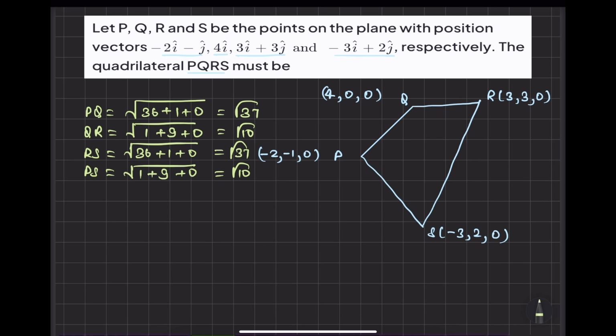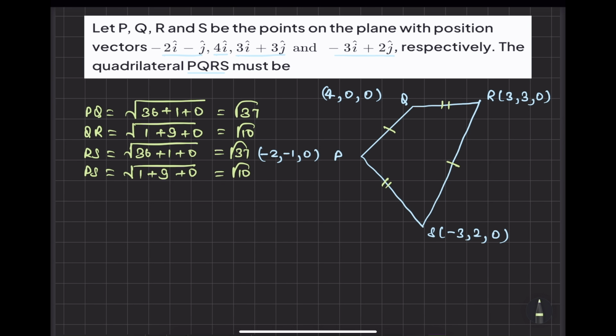So can I say that PQ is root 37, RS is root 37, this is root 10, this is root 10. So we can say that opposite sides are equal. So it may be a rectangle or it may be a parallelogram.